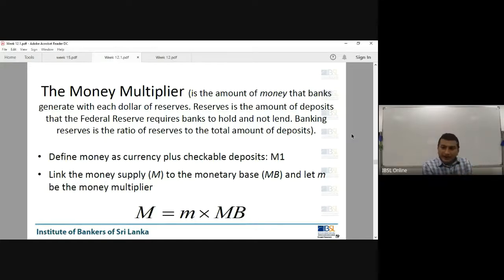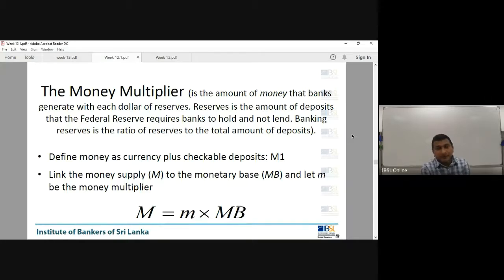So that's why the banks keep this reserve amount with the central bank, and the central bank computes this so-called reserve amount by looking at the total amount of deposits and the reserve ratio. You have already done small r times D. Small r is the required reserve ratio, times D, the deposits. Then you can figure out what the required reserves are.